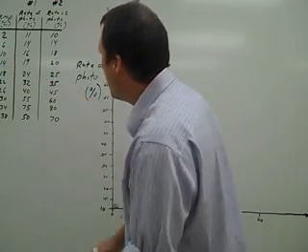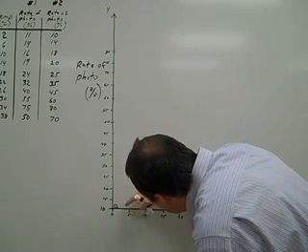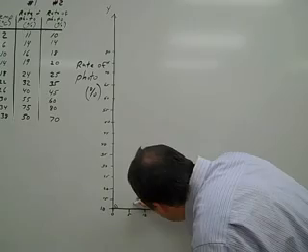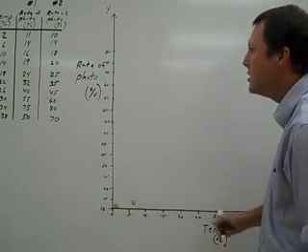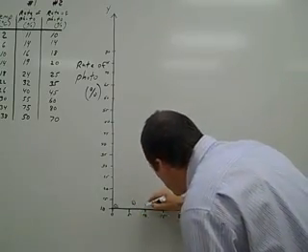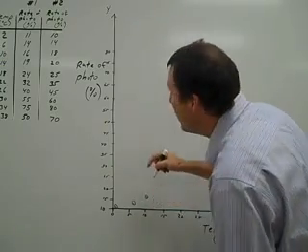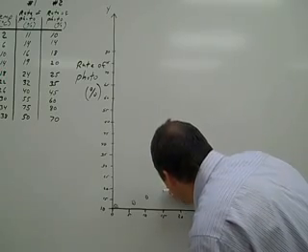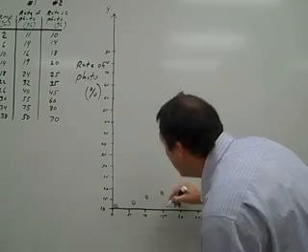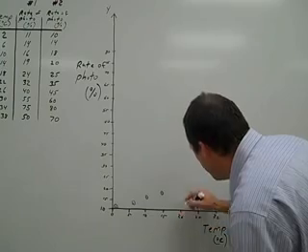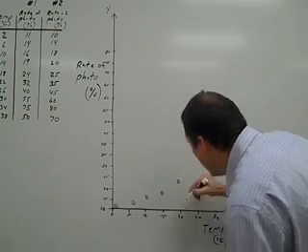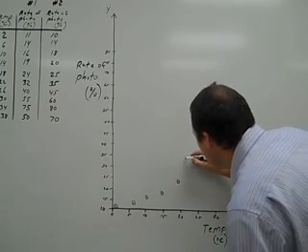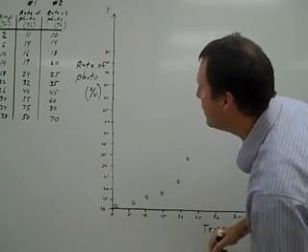So let's go to the next one, over 6, up 14. So I'm going to go over 6, up 14. So right about here. And again, another point protector. The next one, over 10, up 16. Over 14, up 19. So right around here. Over 18, up 24. So about here. Over 22, up 32. So right about there.